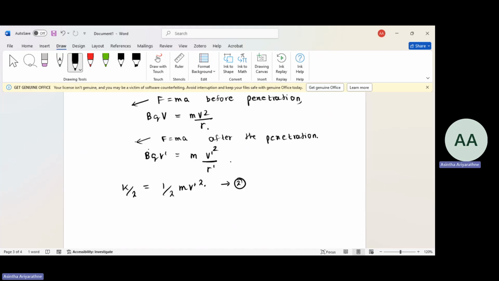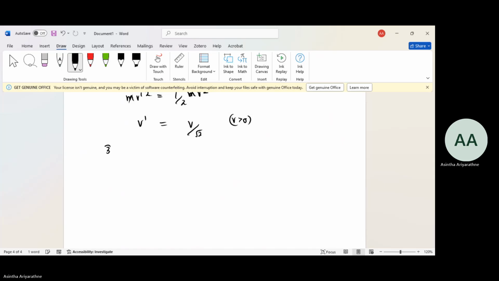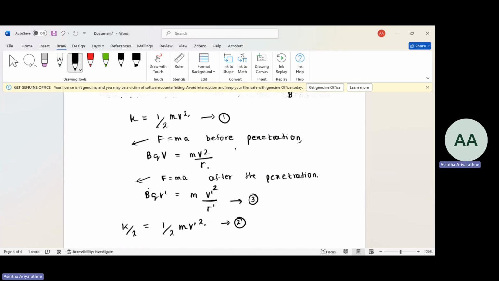Then we can substitute into the third equation, with v dash equal to v over root 2: B q v over root 2 equals m v squared over 2 r dash. This is equation 4.